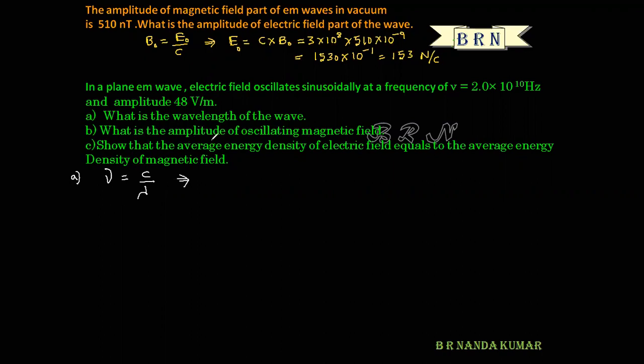We have to find the wavelength, so lambda is equal to c divided by nu. The speed of light is 3 into 10 power 8, and the frequency is 2 into 10 power 10. 3 by 2 is 1.5 into 10 power 10, which is shifted to the numerator, so 10 power minus 10 times 10 power 8 is 10 power minus 2.